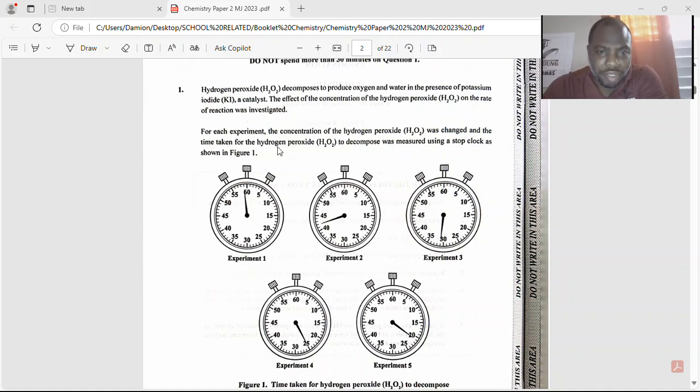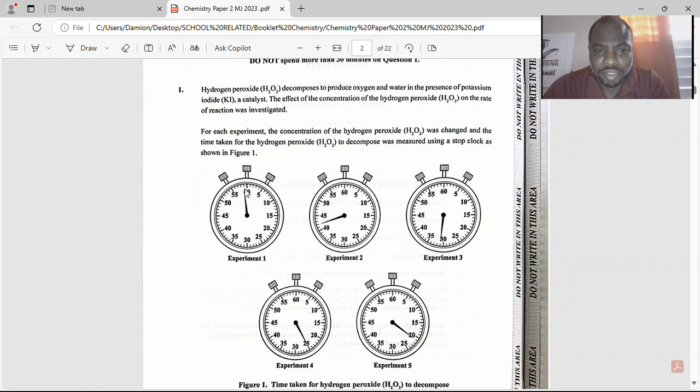So for each experiment, the concentration of the hydrogen peroxide was changed, and the time taken for the hydrogen peroxide to decompose was measured using a stop clock as shown in figure 1. We're looking at the stopwatches, and we're seeing that each time they're changing that concentration of the hydrogen peroxide.